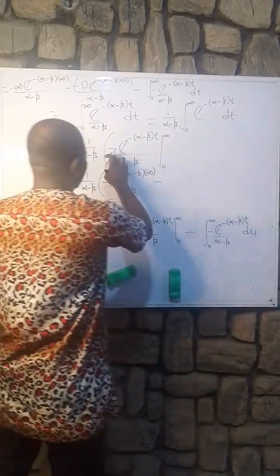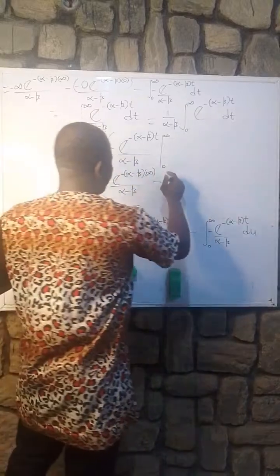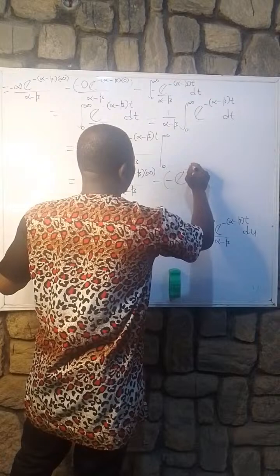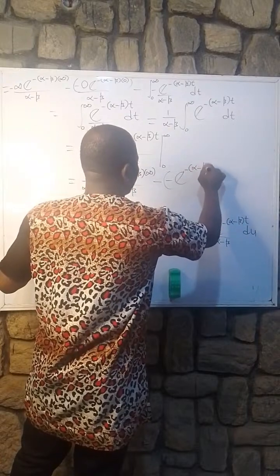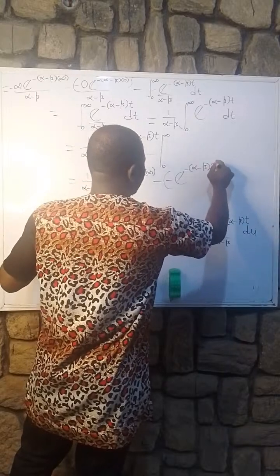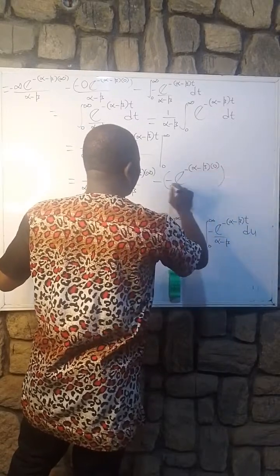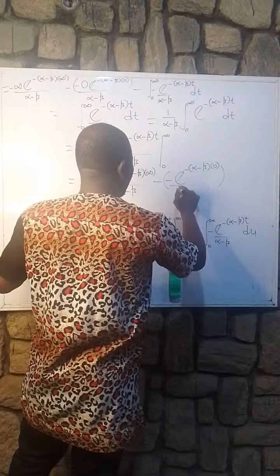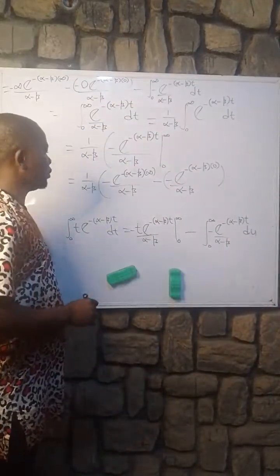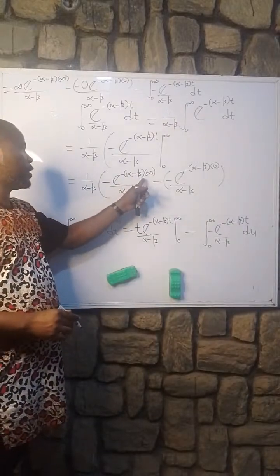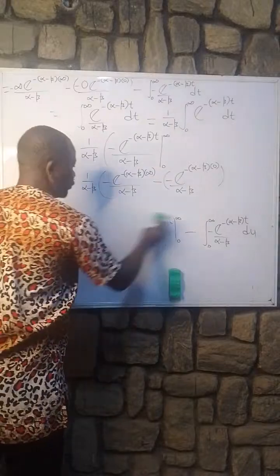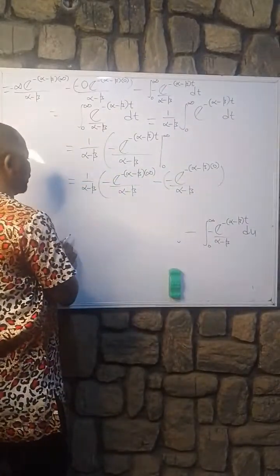Then minus, already there is a minus sign here, so put a small bracket: minus exponential minus open bracket alpha minus beta times minus 0, the lower limit, then all over alpha minus beta. Because of infinity, the whole of this will be 0. So this is how it will look.